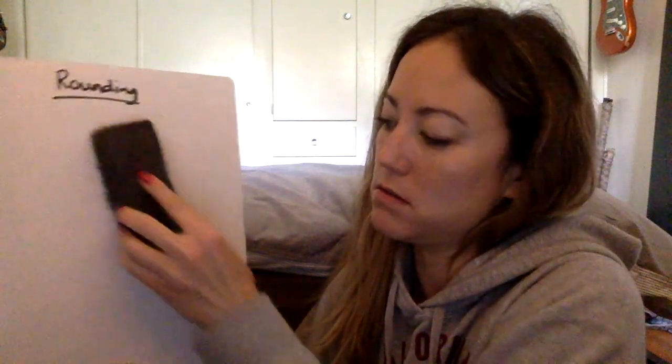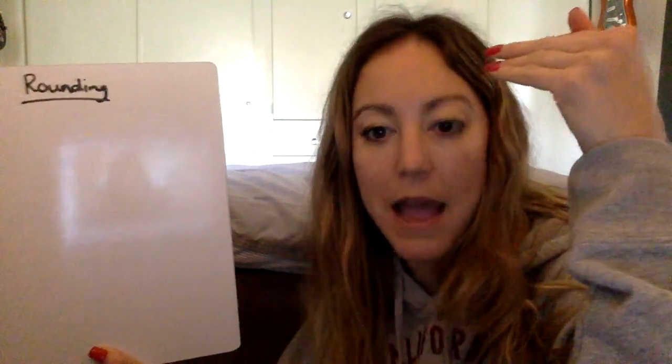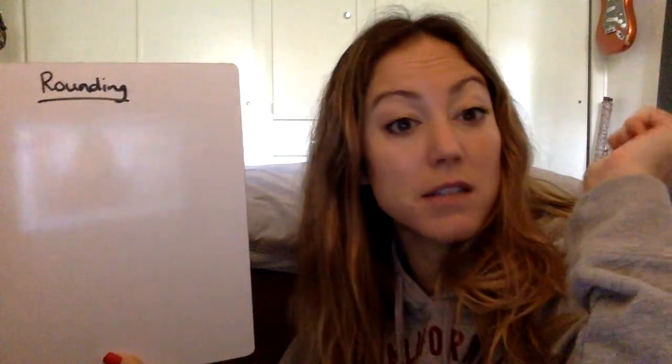Let's do the nearest 10,000. Okay. Whatever I'm rounding to, I always like to count in my head by that number. If you're rounding to the nearest 10, you think 10, 20, 30, 40, 50, 60, 70, 80, 90, 100. What two tens is it in between?